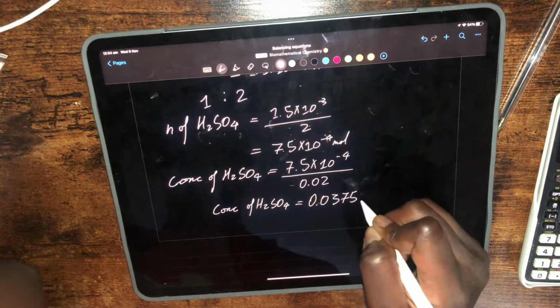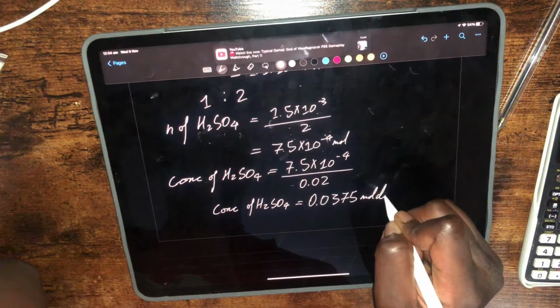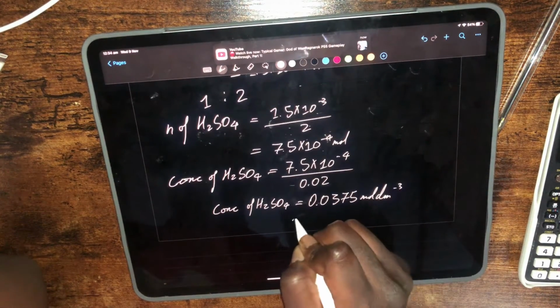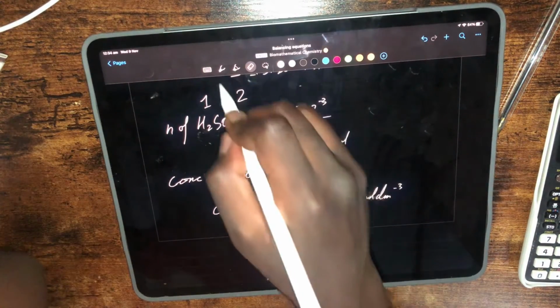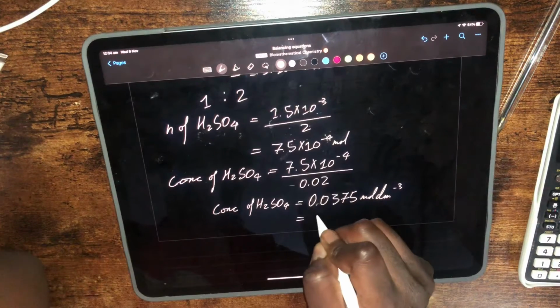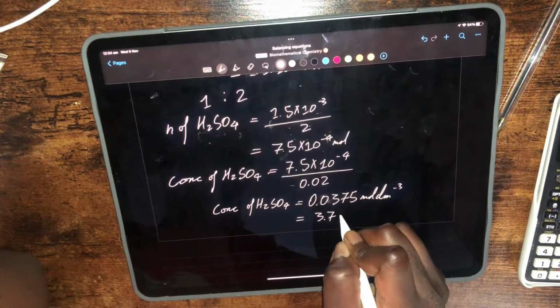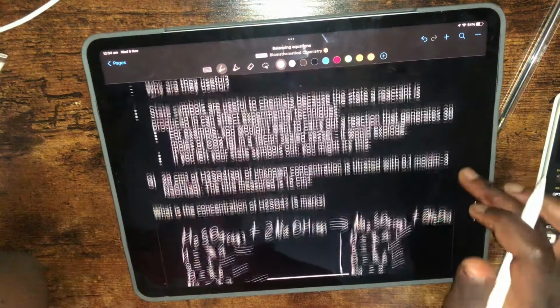0.0375 moles per dm cubed, or how I would usually write it, 3.75 times 10 to the power of minus 2 moles per dm cubed. Actually, how much are they giving you in the question?